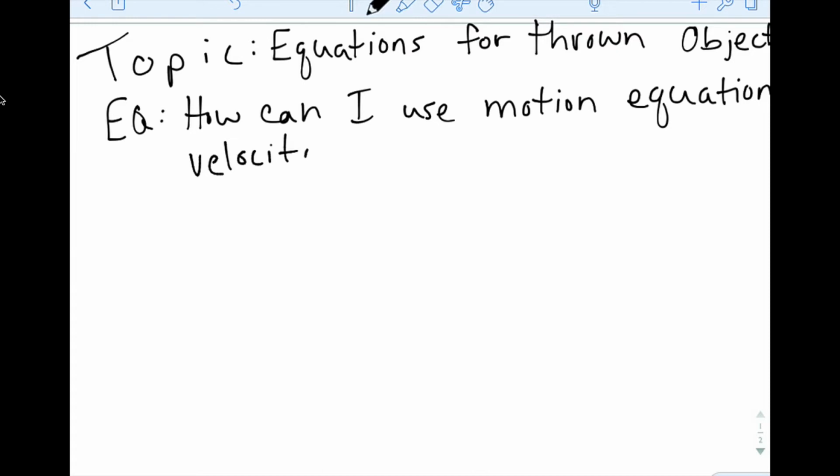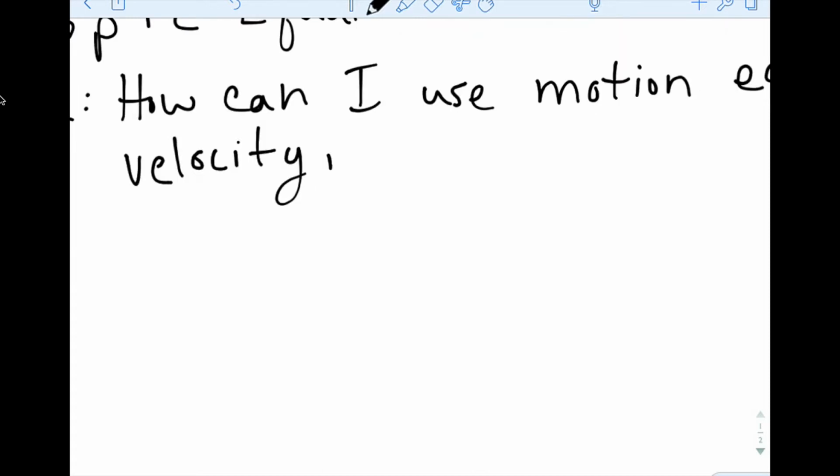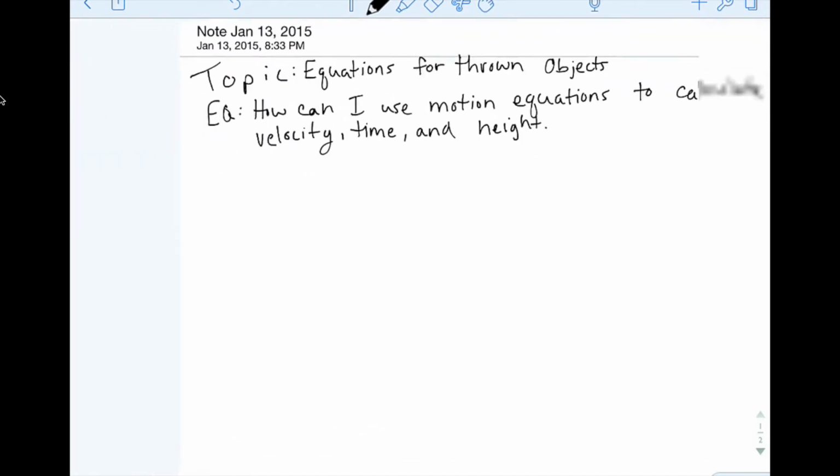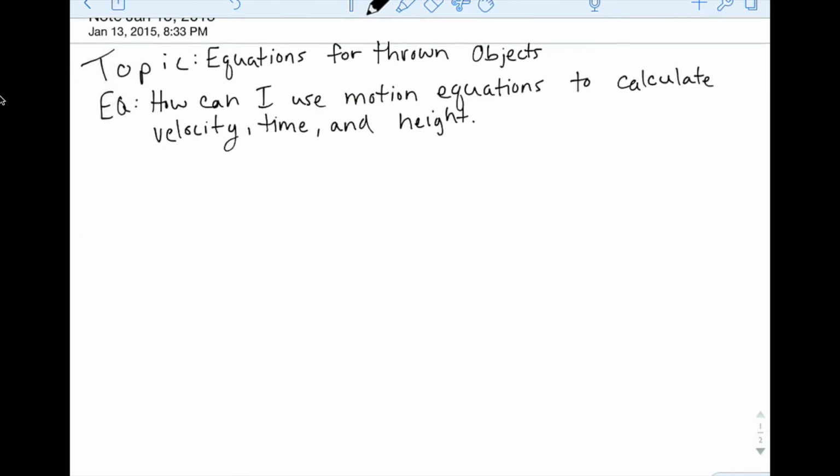Sorry, guys, I'm having a bad writing night here. Okay, so we're going to use the exact same equations that we used for a dropped object, but we're going to use them just a little bit differently.